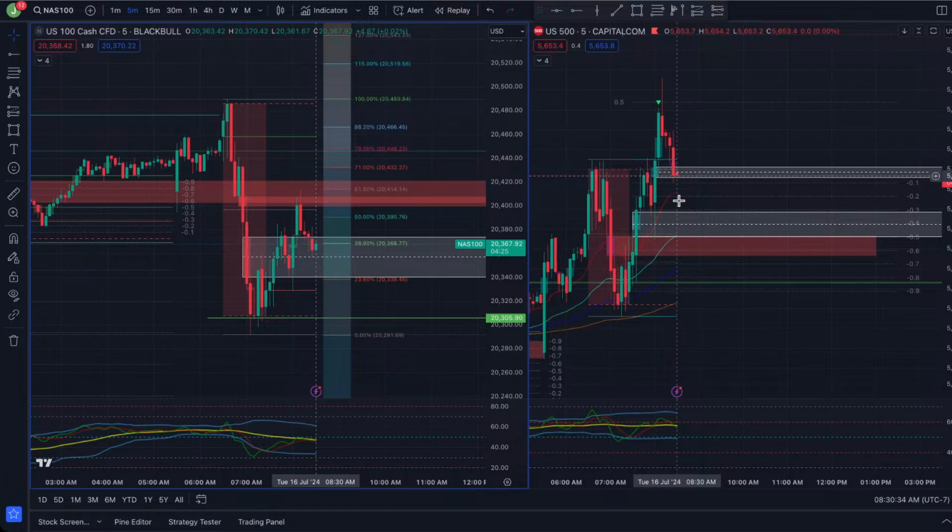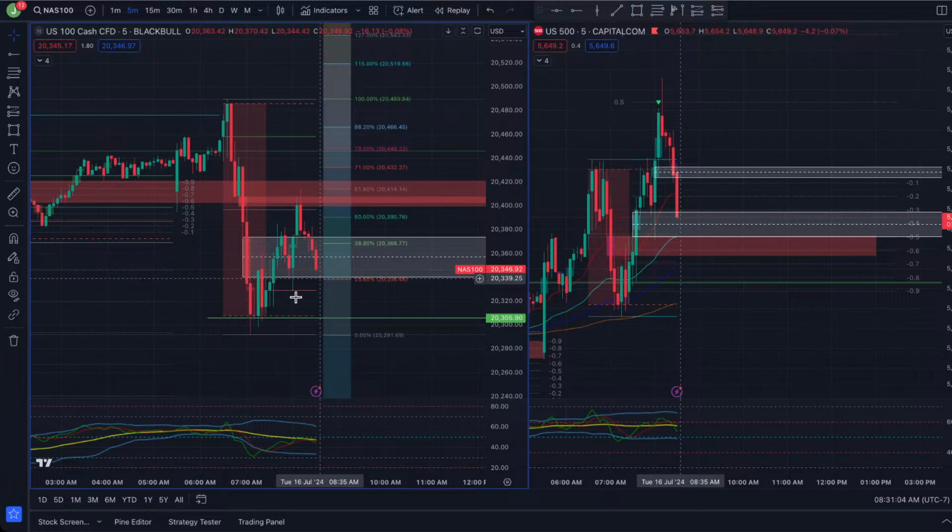I want to see a shoot. Okay, pushing down. Tapping the 20 EMA. NAS dipping a little lower.